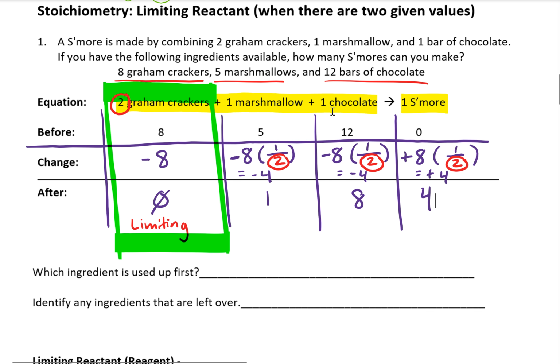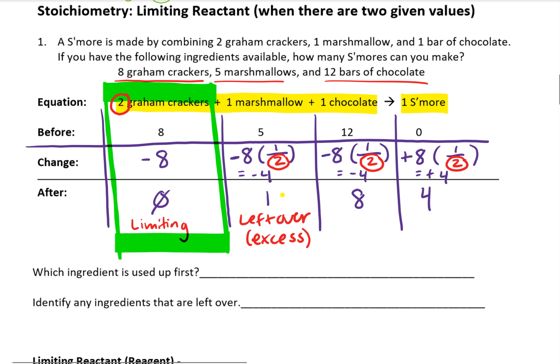And so now when I examine the marshmallow column, I combine its before and change, and it should equal the after. So I have 5 minus 4. Yes, it equals 1. I do have 1 marshmallow left over, or what we call in excess.